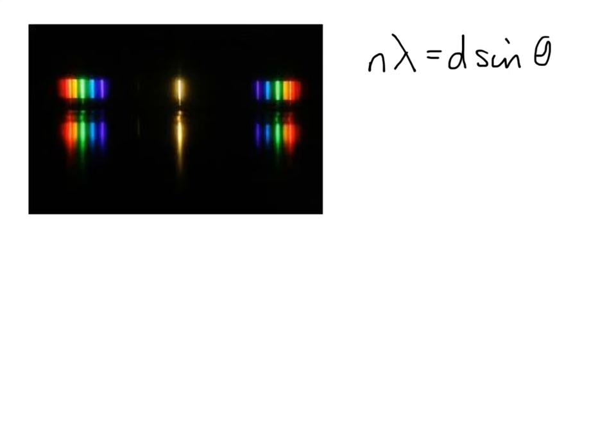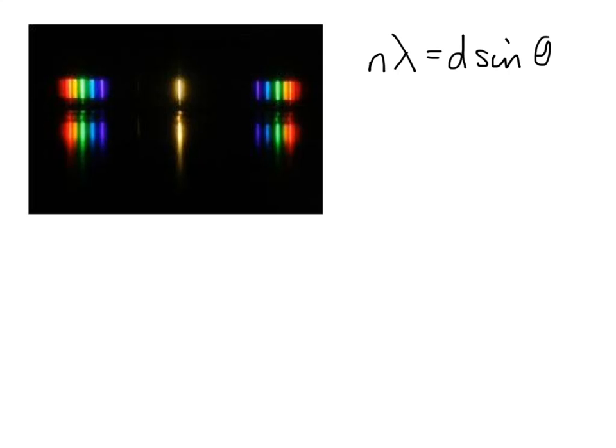Here's a picture of a bright light source being viewed through a diffraction grating, so you can see the actual image of the light source straight ahead, and to each side we can see the nth order, in this case the first order set of fringes.